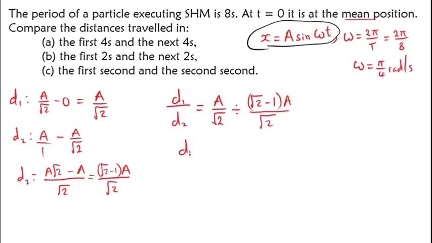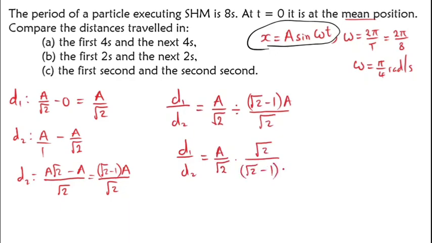So d1 over d2. Now we are dividing, so we can reciprocate what we have, meaning that what we'll get will be A over root 2 multiplied by root 2 divided by A(root 2 minus 1).